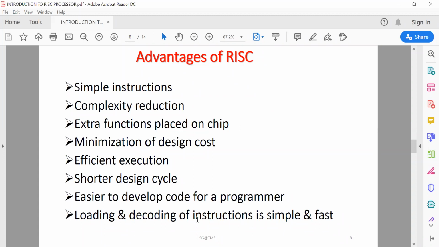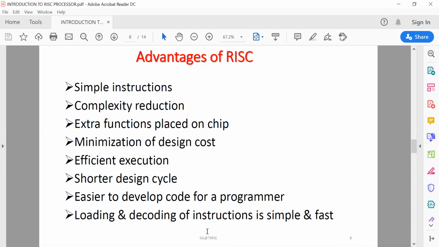Another advantage is that loading and decoding of instructions in a RISC processor is simple and fast, as it is not necessary to wait until the length of an instruction is known in order to start decoding.